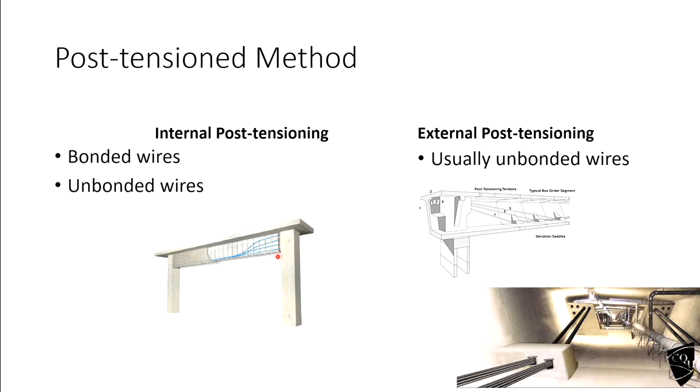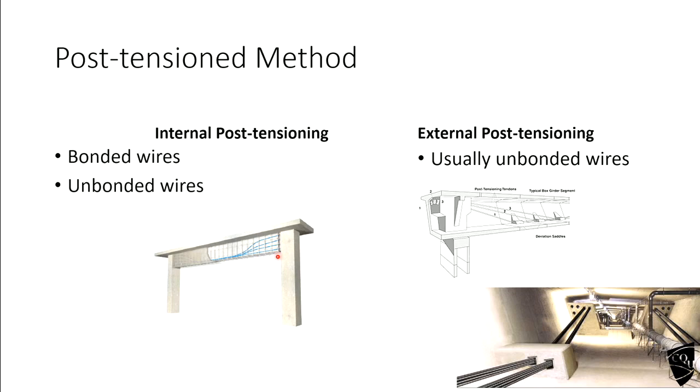So unbonded wires in internal post tensioning and external post tensioning have more complex analysis and design, because the strain compatibility or strain equilibrium may not work as we did in the RC design or bonded wires.